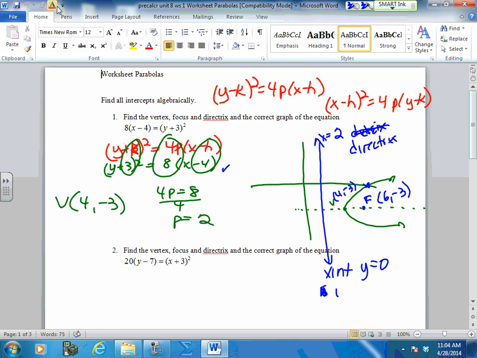So let's put it the way we want it to. We want the y of 0. So 3 squared is 9. 8x minus 32. You just have to solve this. Add 32 and divide by 8. And there's your intercept.